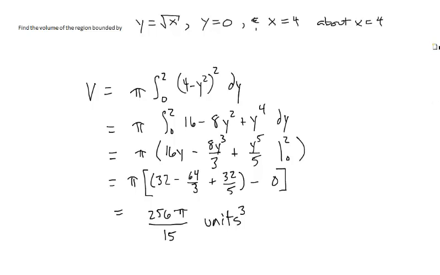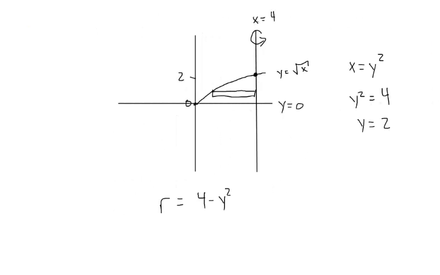So in this problem, it's important to remember that our axis of rotation was not the x or the y axis, and we had to account for that by doing 4 minus y squared. In the last example we had, we were on the axis, so we didn't have to account for where the axis of rotation was. It was minus 0.